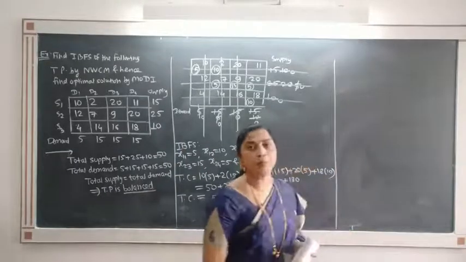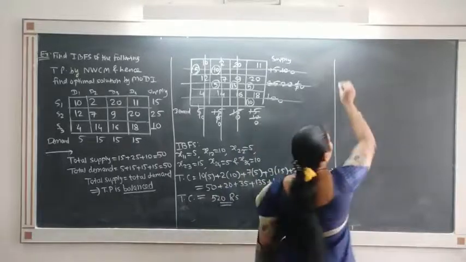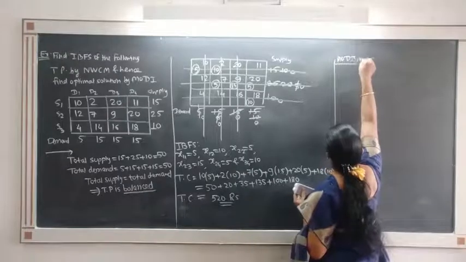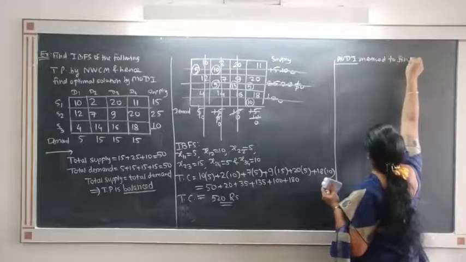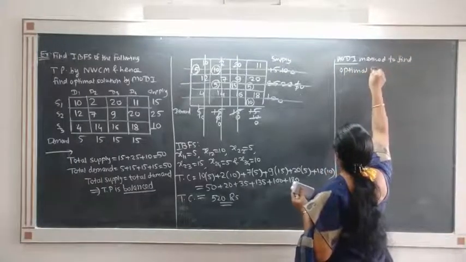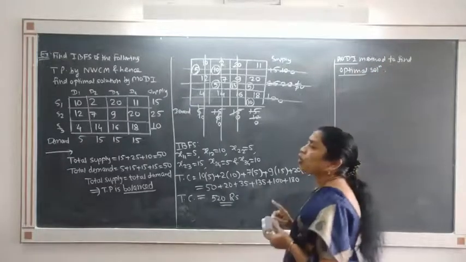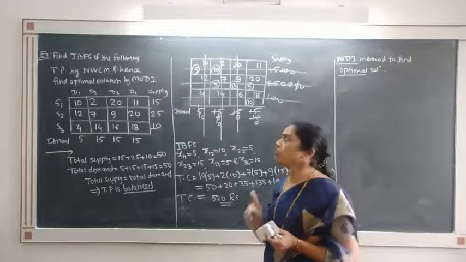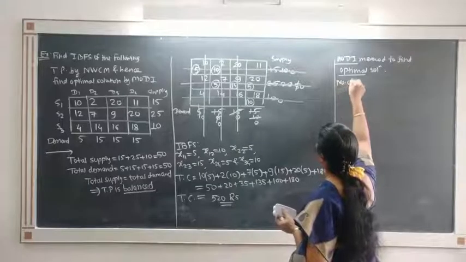Now to find the optimal solution, we will use the Modi method. To apply the Modi method, there are two conditions. The first condition is that the number of allocations must be equal to m plus n minus 1. So observe the number of allocations.